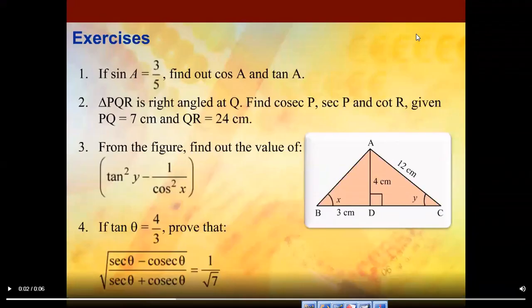Now try these questions from the exercises, and the hint and answer are also shown to you. Hope you have understood this session 2, how to solve problems related to trigonometric ratios. So apply the same rules here to solve these exercise problems.